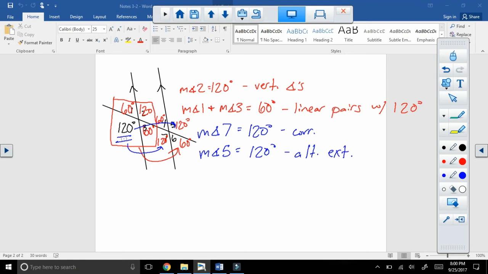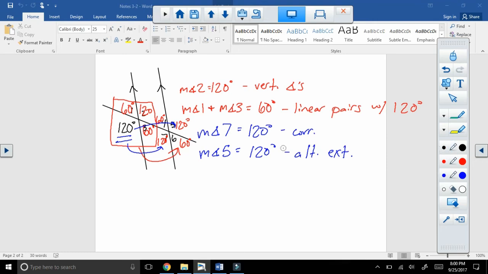There's no special name for the relationship between the 120 and the angle 4, or the 120 and the angle 6 that our book gives. Some books will actually say that the 120 and the angle 6 are called consecutive exterior angles. That is not in our book, so I'm not going to expect you to know that. If you would like to give that for a reason, though, I will accept that as an acceptable answer.